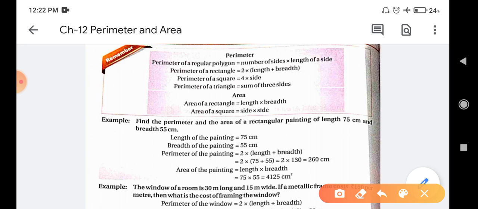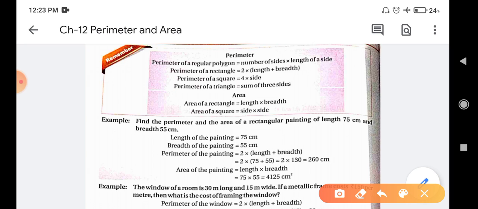Perimeter of a rectangle is equal to 2 multiplied by length plus breadth. Perimeter of a square is equal to 4 multiplied by side, because the number of sides in a square is 4. Perimeter of a triangle is equal to the sum of 3 sides.